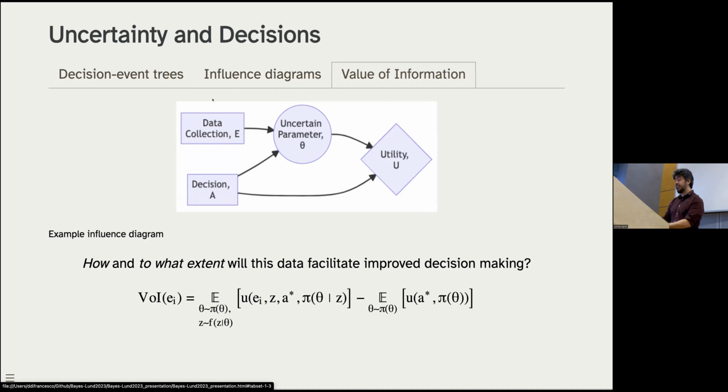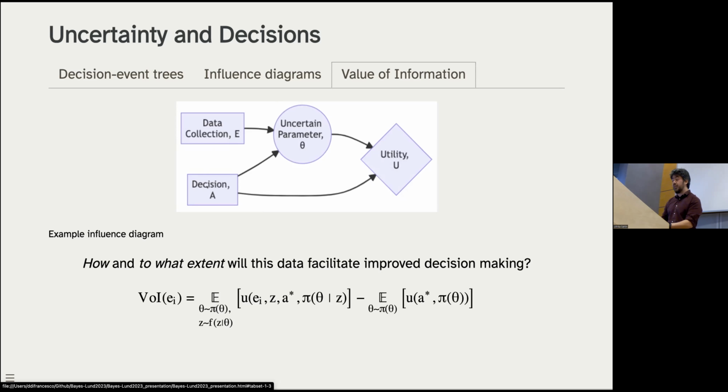So here you can see I've changed this diagram to add a new decision node. We've got an option to collect some data of some type. And our expected value of this data is defined as the difference in utility with and without that data. The mechanism for where this value comes from is that when we collect new data, we reduce our epistemic uncertainty about our system.